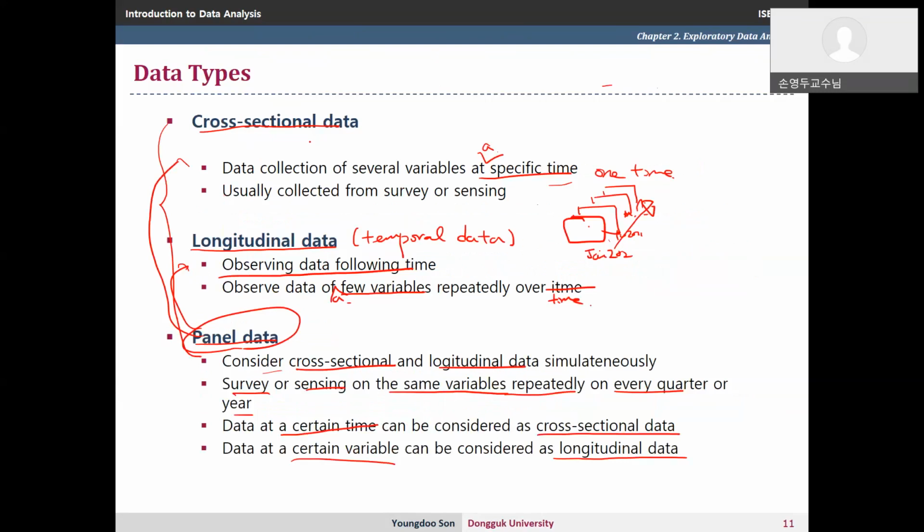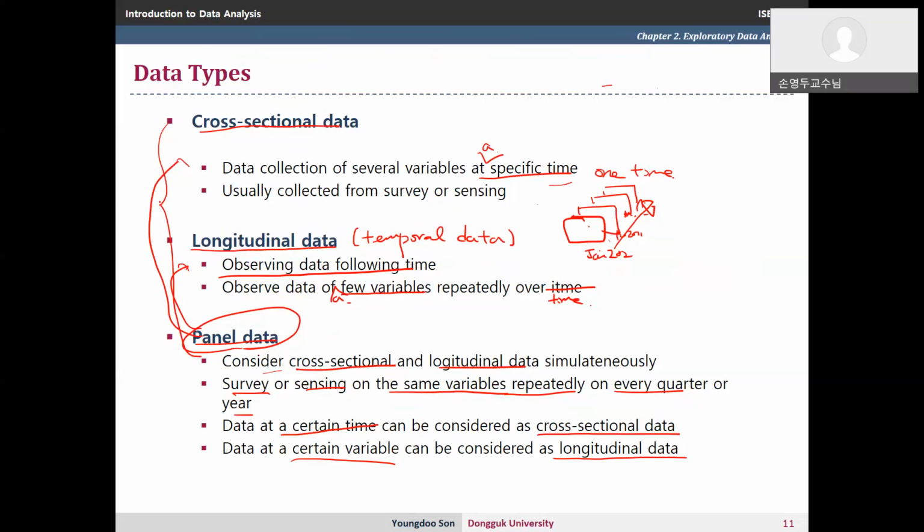Cross-sectional data is data collected at a specific time, and longitudinal data is data observed following the time. Cross-sectional data usually handles several variables simultaneously. However, longitudinal data are more focused on a small number of variables, 1 or 2, so it is much more focused on time series analysis.